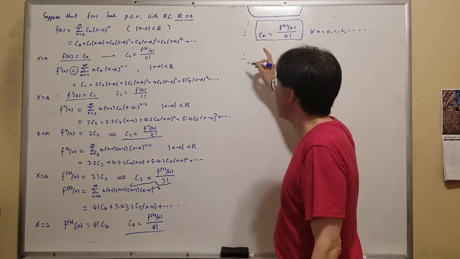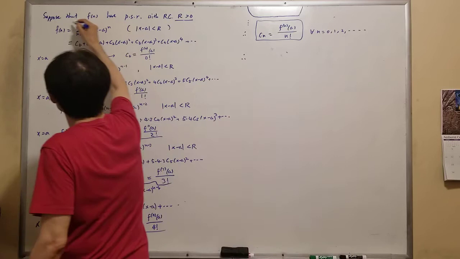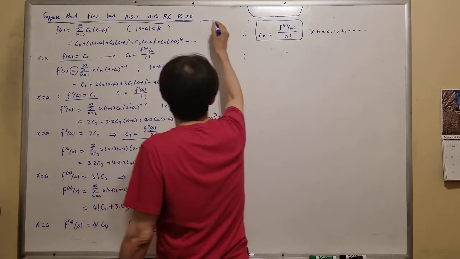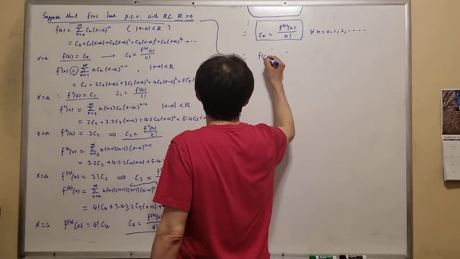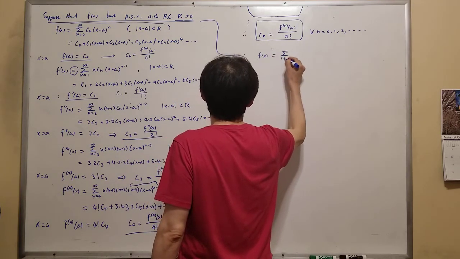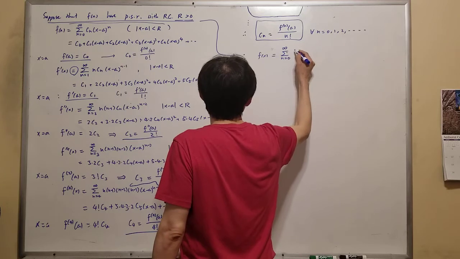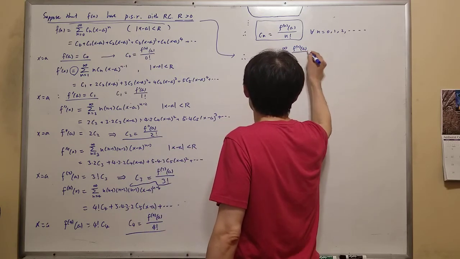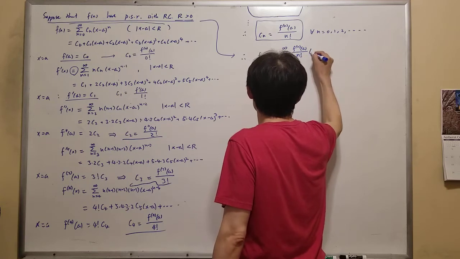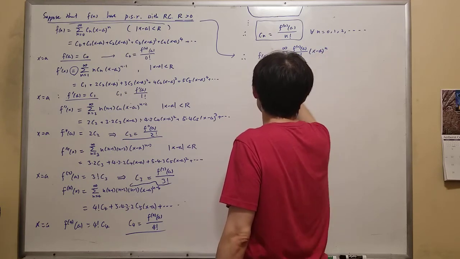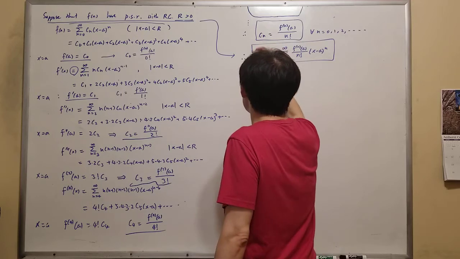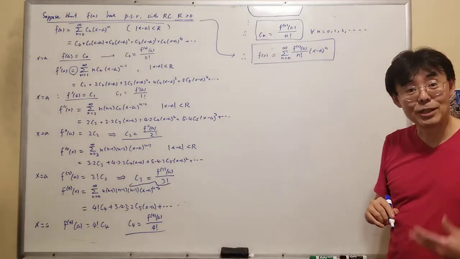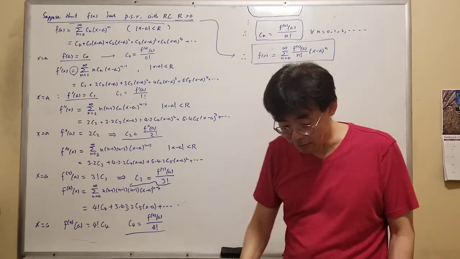So if f of x has a power series representation, then that power series must have this formula: the nth order derivative of f at a over n factorial times (x minus a) to the nth. That form of power series is called the Taylor series.